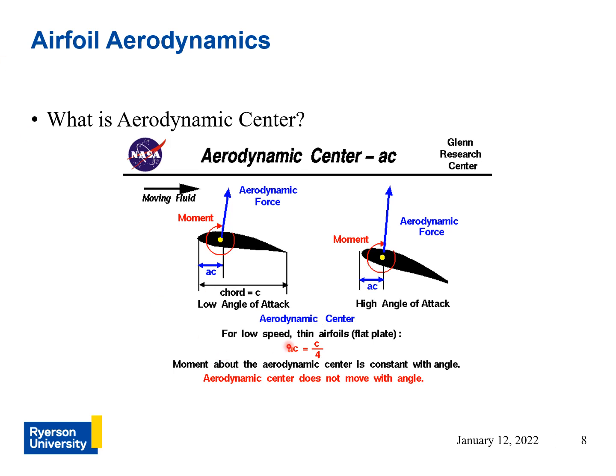Now for low speed thin airfoils, so basically flat plates, the aerodynamic center is at the quarter chord. And again, remember, chord means the distance between the leading edge and the trailing edge, and quarter chord is just a quarter of that from the leading edge.